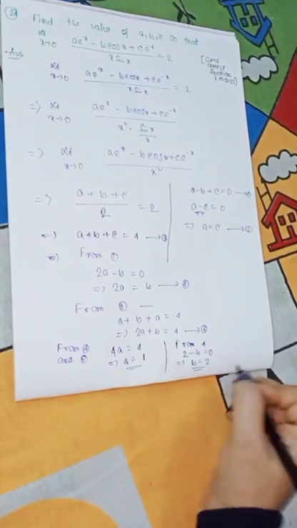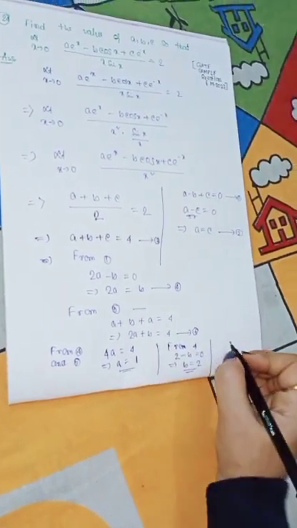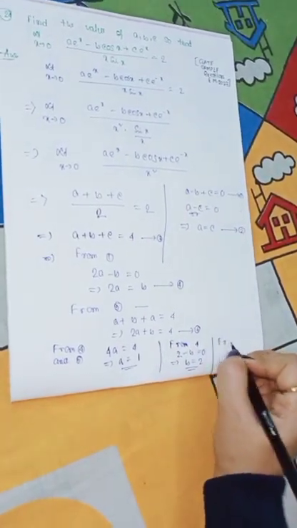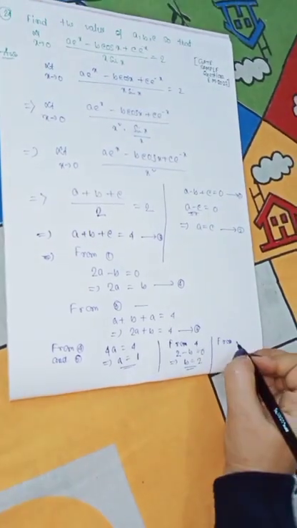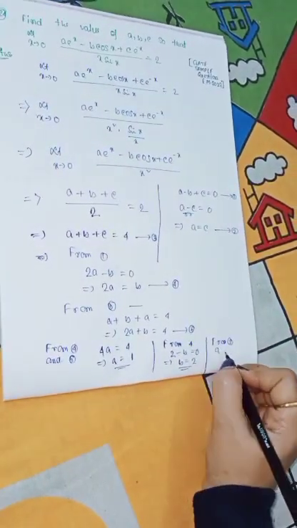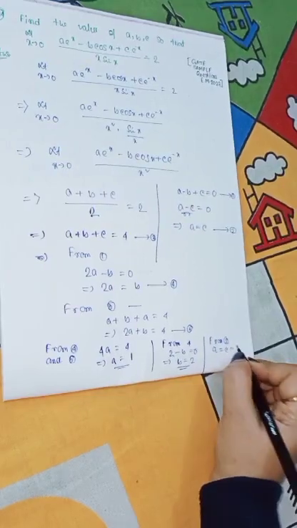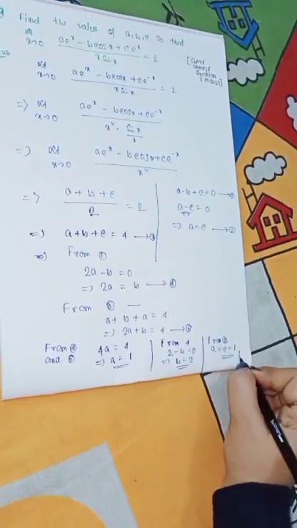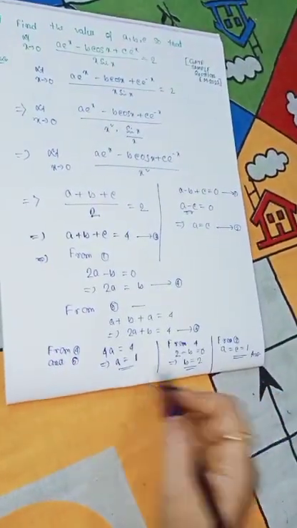So a is equal to 1, b is equal to 2. And from 2, a is equal to c, so a is equal to c is equal to 1 here. So we reached a is equal to 1, b is equal to 2.